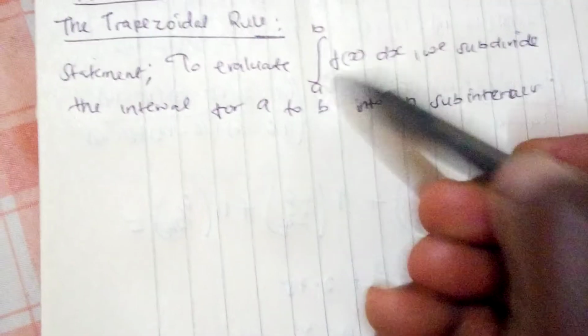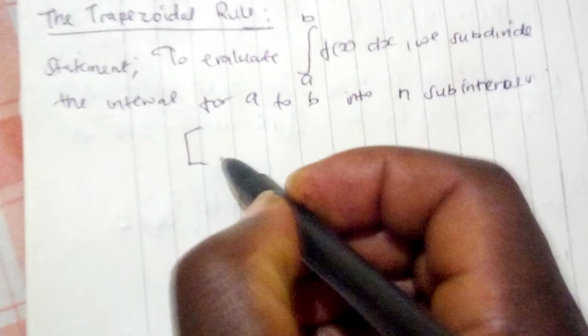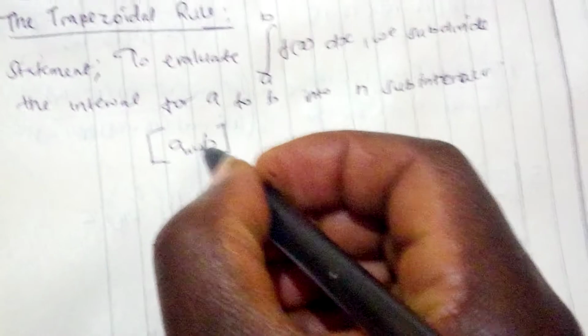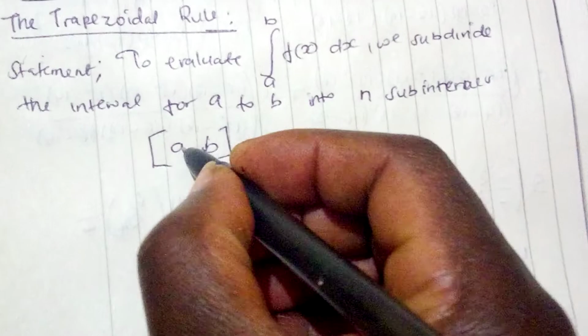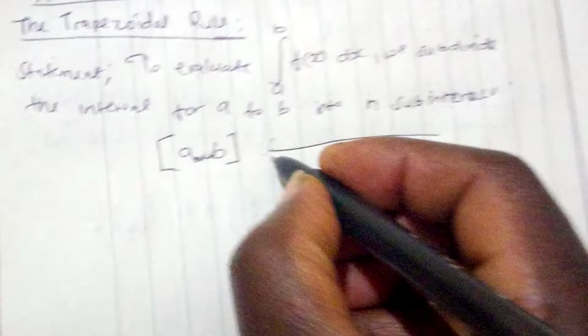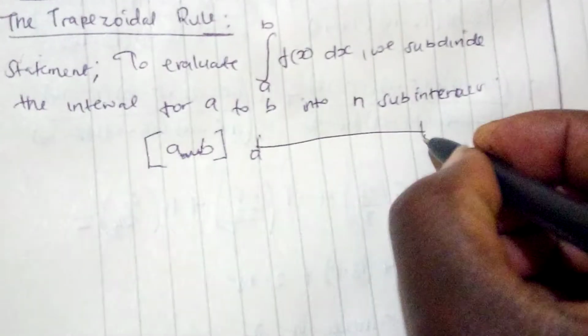So this is what we mean. The interval lies between b and a. So the main interval is between a and b, and we are being asked to find some subintervals between a and b. We can have something like this: if we had a number line, this is a and this is b.